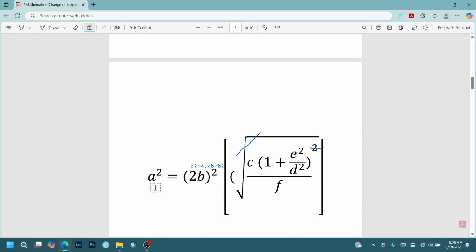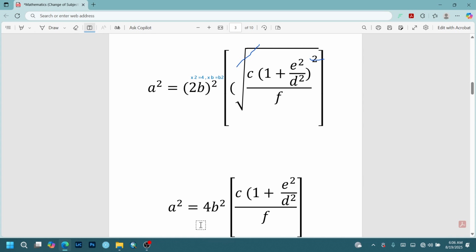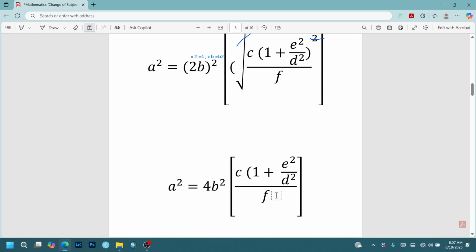And a square would give itself a square, right? So we are going to have a square to be equal to 4b square multiplying the fraction c multiplying 1 plus the fraction e square over d square over f, right?